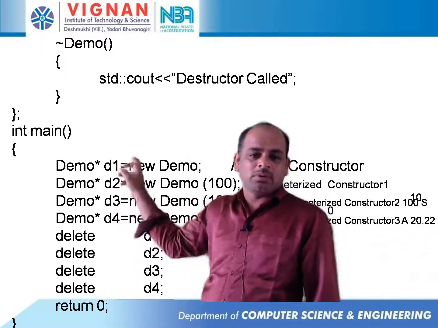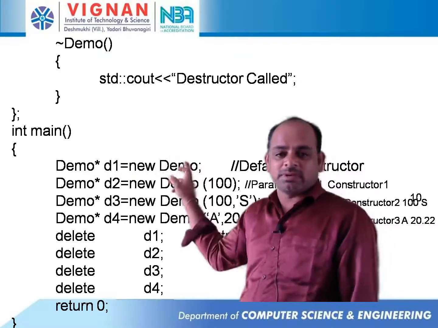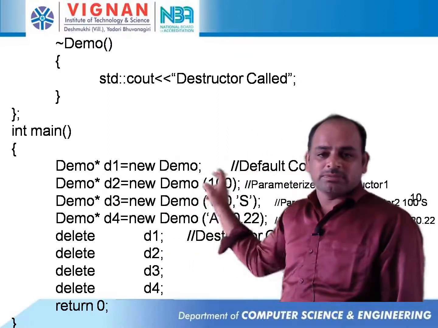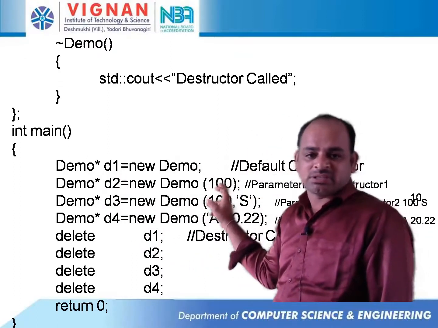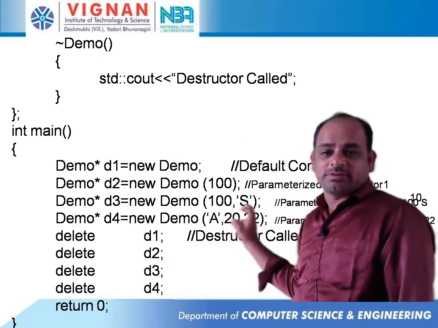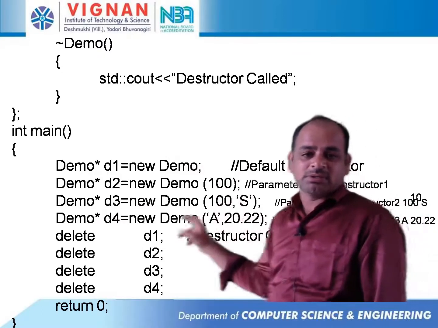Demo D1 object pointer will call the default constructor, and D2 is another object pointer with one parameter, the single parameterized constructor, and D3 is another object pointer where we are passing two parameters, which will call the constructor having two parameters.